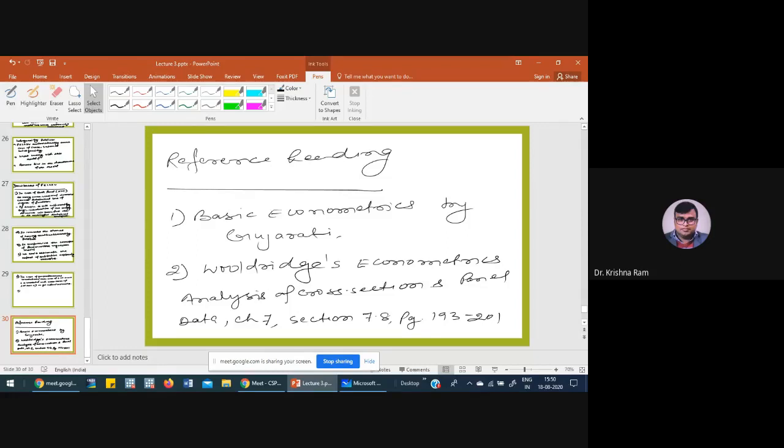Whatever I have covered in this slide, a few parts of it, particularly the initial slides of these presentations, are from the Gujarati book, where we talk about the advantages of having a panel data model. The rest is from the Wooldridge book, from chapter 7, particularly section 7.8, page numbers are mentioned here.